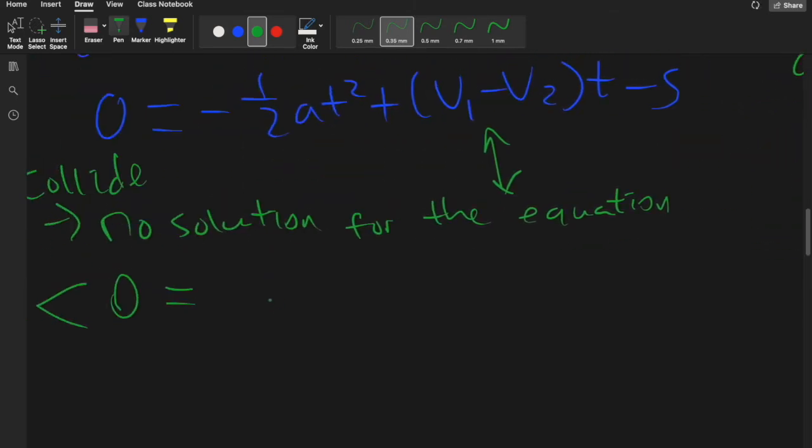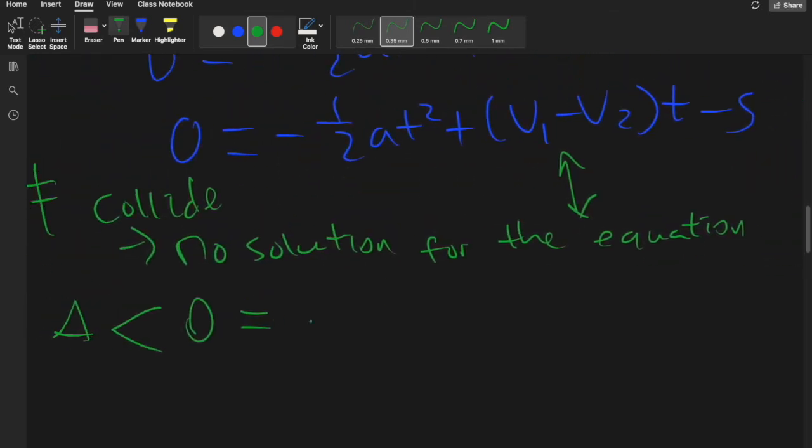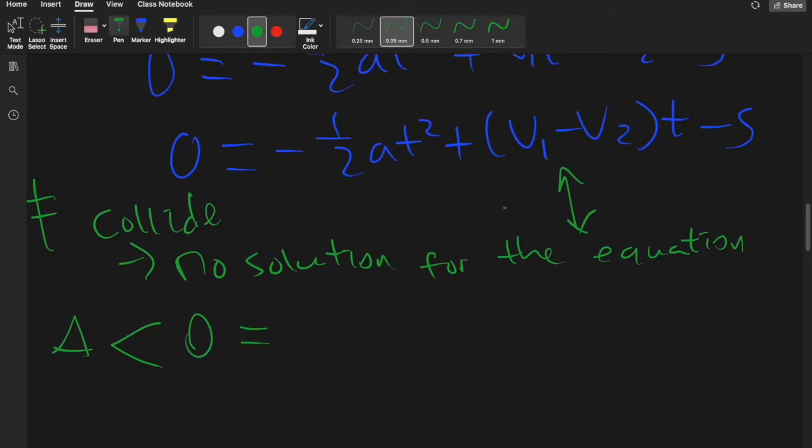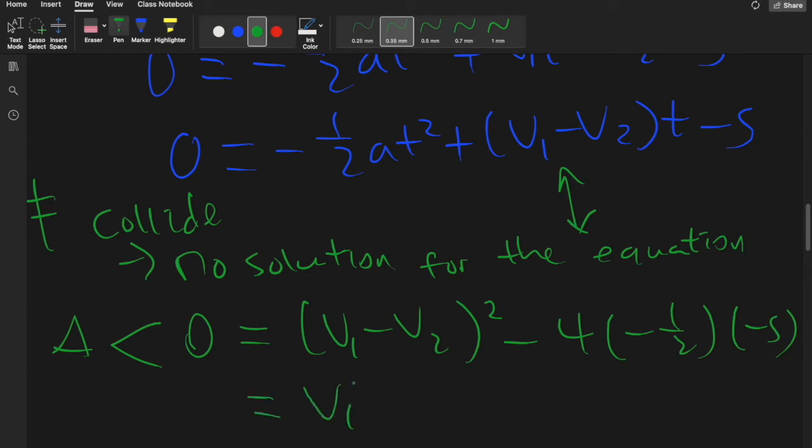So delta is equal to (v1 minus v2) squared minus 4 times negative a half times negative s. Right, so let's solve this equation. So acceleration.